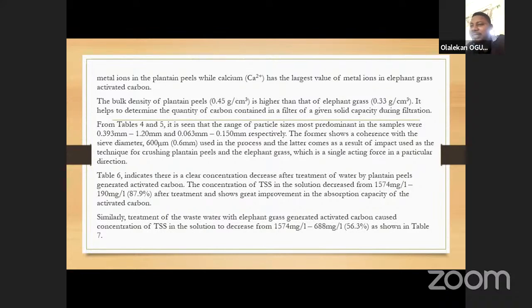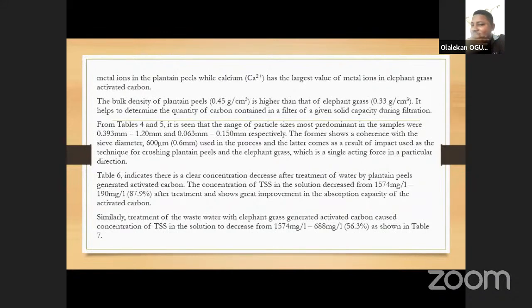So the former, which is plantain peel, shows a coherence with the sieve diameter of 600 micrometer or 0.6 millimeter used for that process.